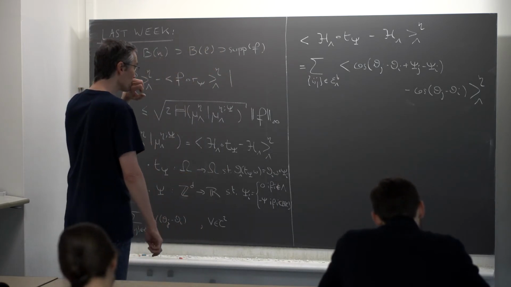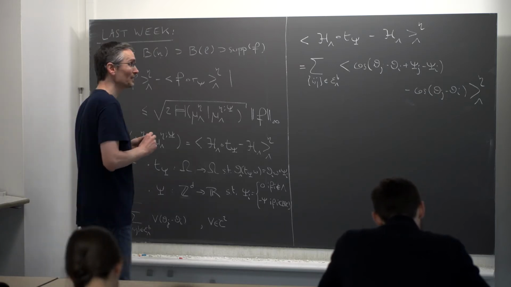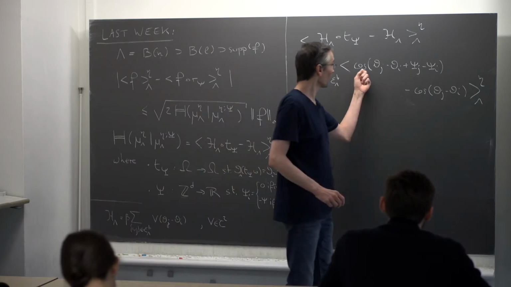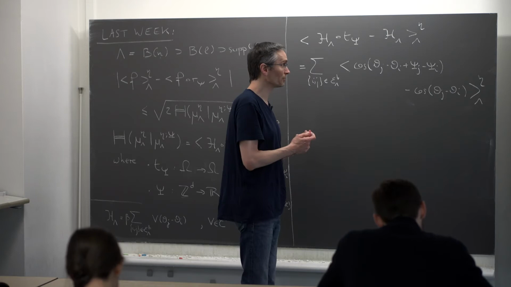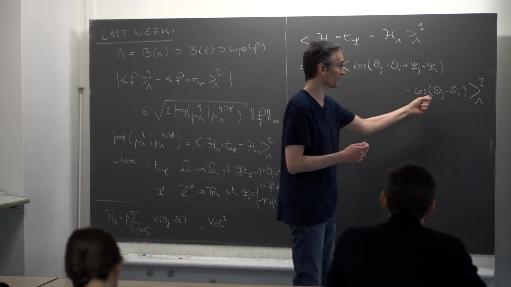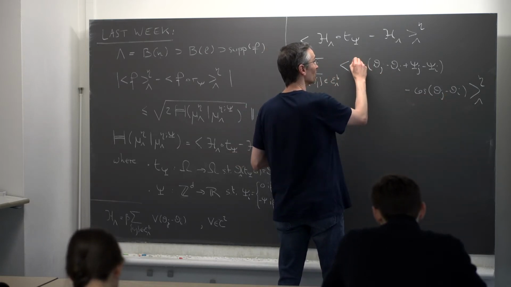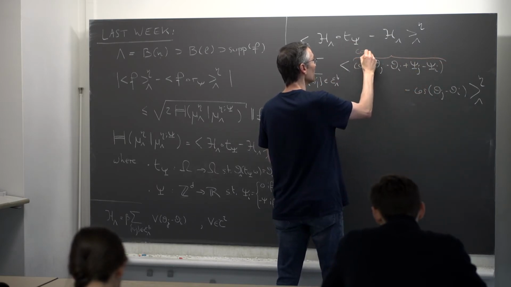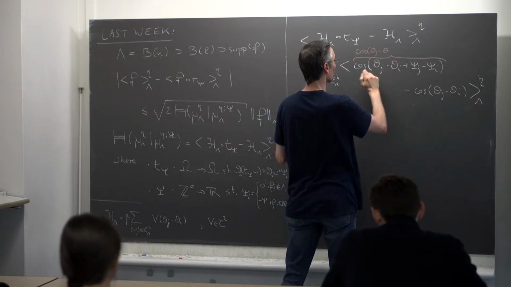Okay. And now we are going to proceed in a way which is completely similar to what we did in the heuristic argument I presented last week, namely, we are going to Taylor expand this cosine here. We are not going to Taylor expand it around 0, as we did in the heuristic argument, because what I want to cancel now is this term. So we are going to expand it around theta j minus theta I. So this guy here is just cosine of theta j minus, oh, sorry, why cosine?